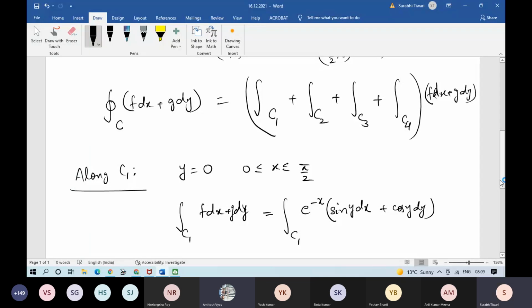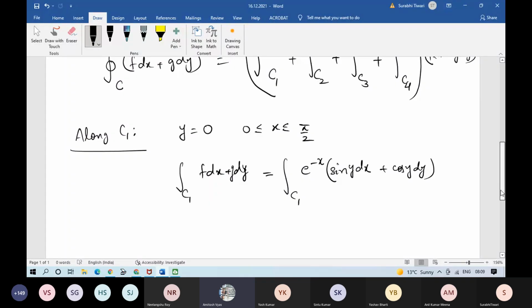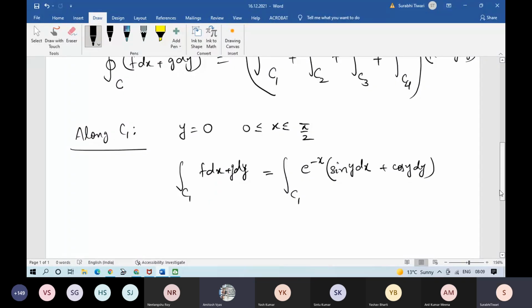Calculate the value of this. Now y is 0, again sin y becomes 0. So this whole integrand is 0. Okay, sin y became 0 and here dy became 0. So therefore the whole integrand is 0. Clear everybody?